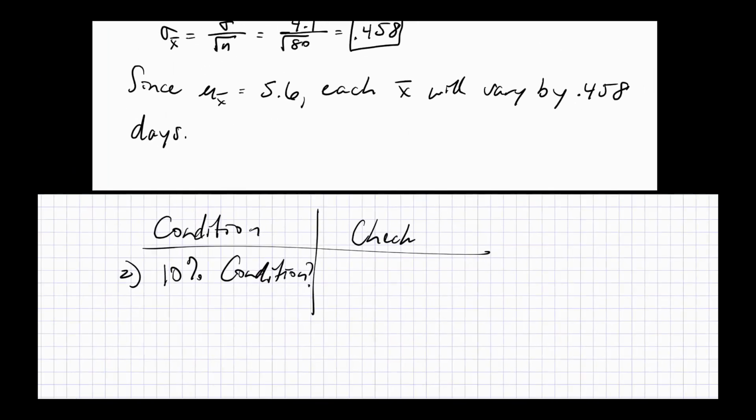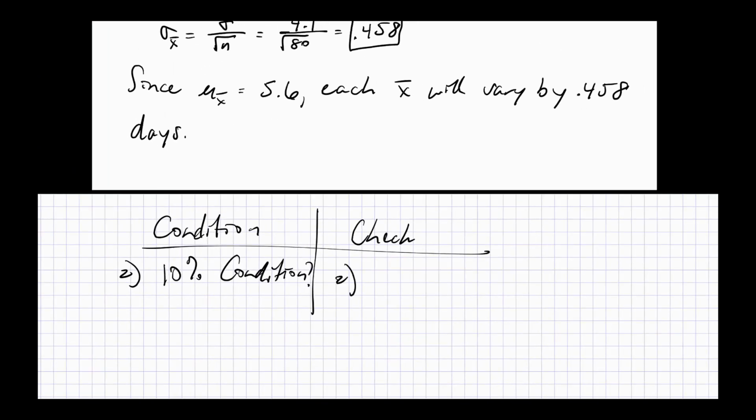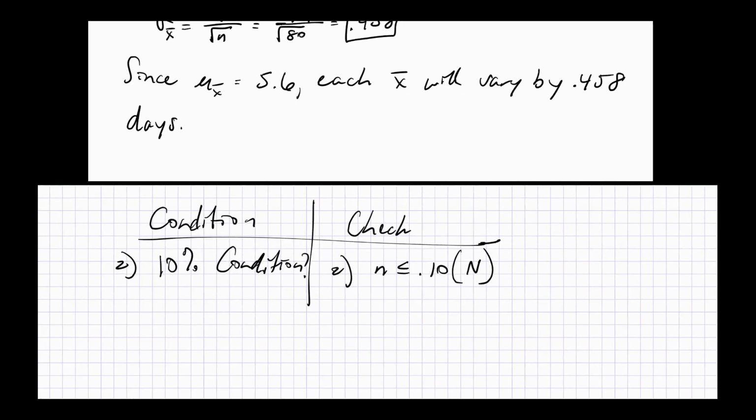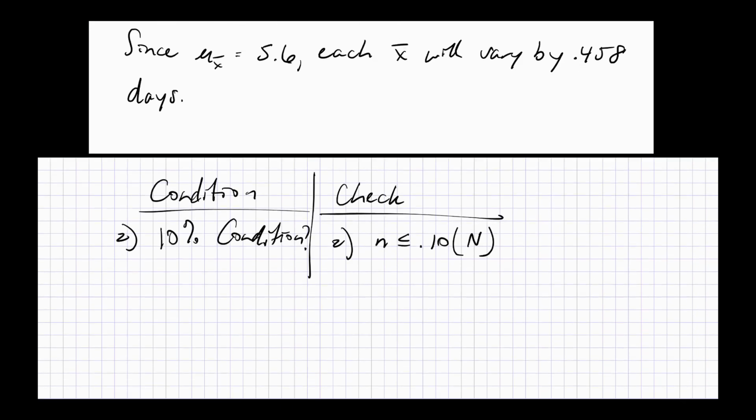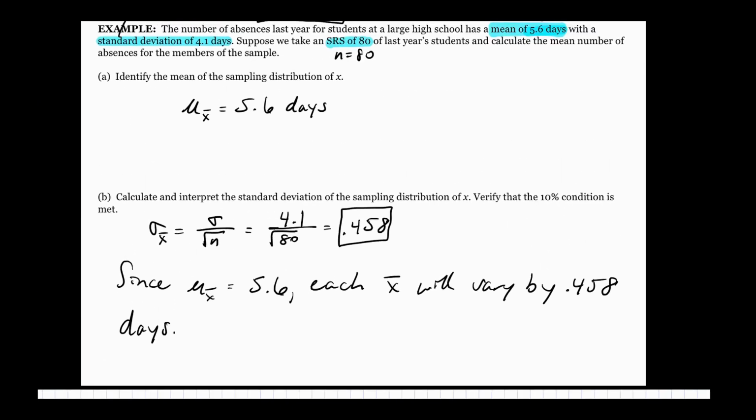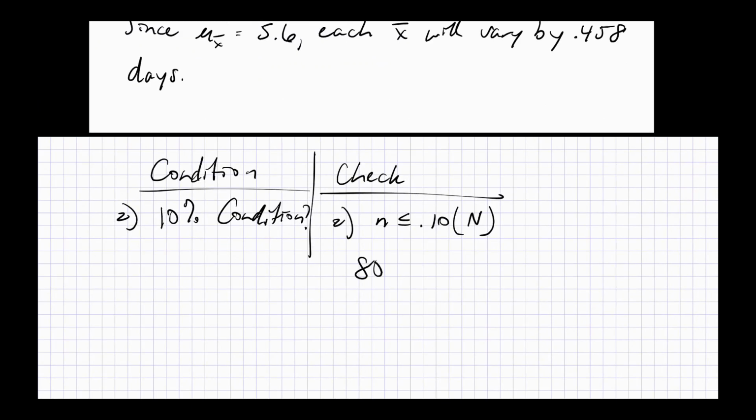So that one says less than or equal to. Okay. So in this case, n is 80, less than or equal to 10% of big N.